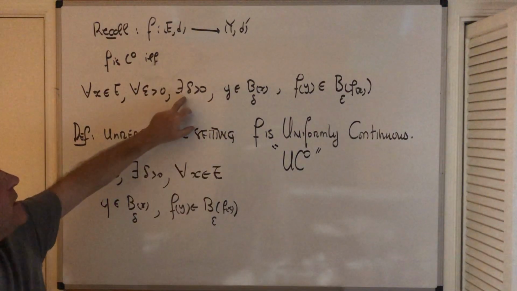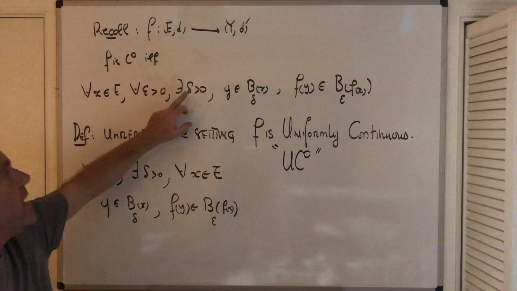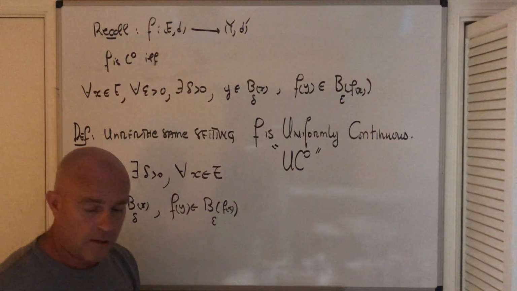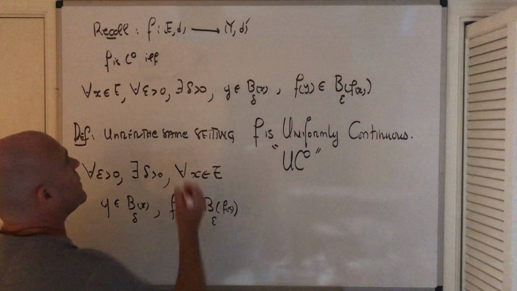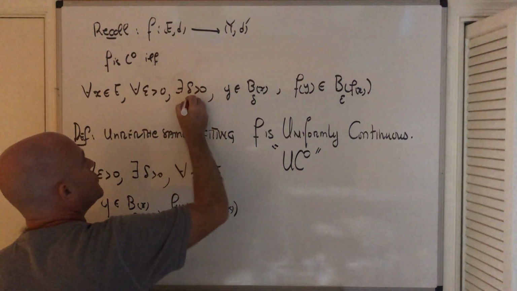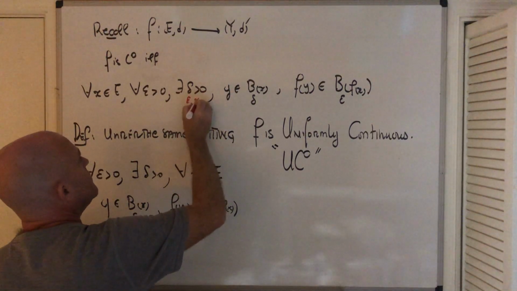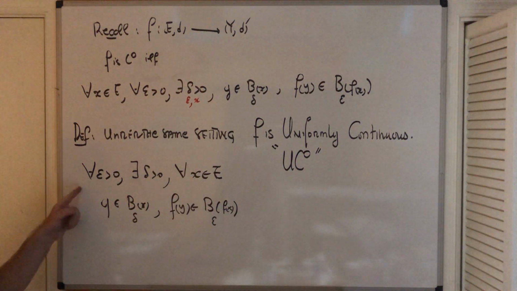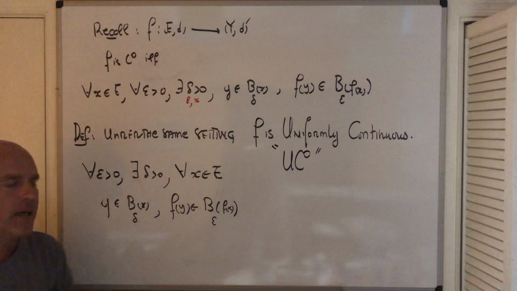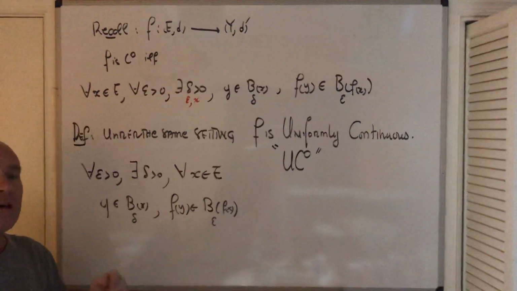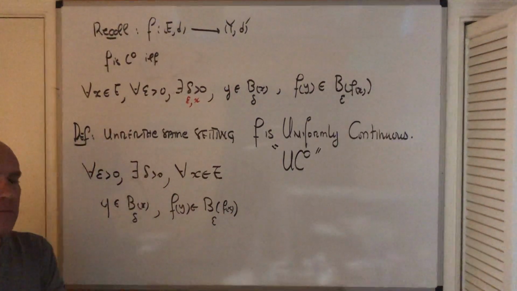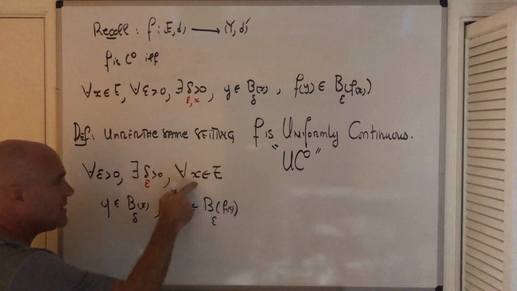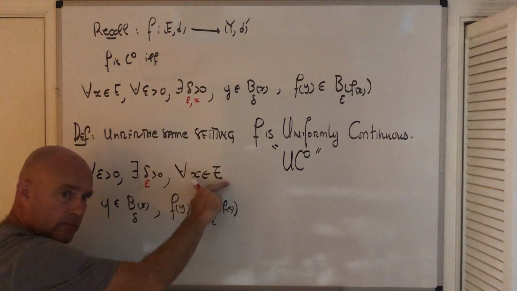But this sentence tells me there exists, for this choice, a delta. Oh, but this means that the delta I've chosen here may depend on the point. It will depend on the choice of epsilon, but it also depends on the choice of x. Although in this sentence, you have to read from left to right: choose epsilon, and it tells you, don't worry, there is a delta that depends only on epsilon, and does not depend on x, because the x comes after.